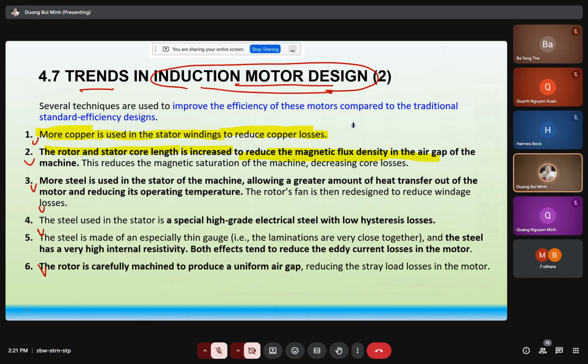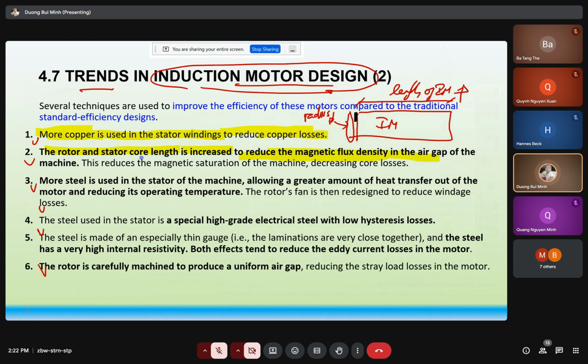That means nowadays every industrial motor has a very long length. The induction motors' radius is small, but the length of induction motors is longer.